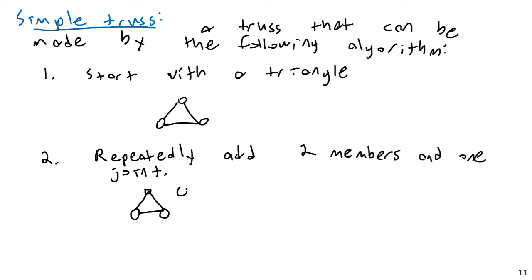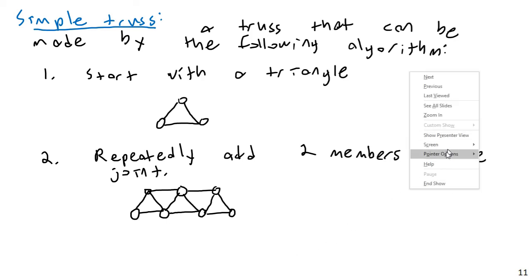So if I add one joint and two members, it's still a simple truss. If I add a joint and two members, still a simple truss. A joint and two members, still a simple truss. And let's discuss why this is significant.